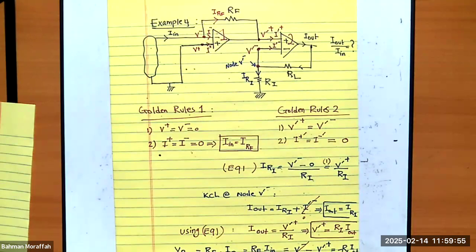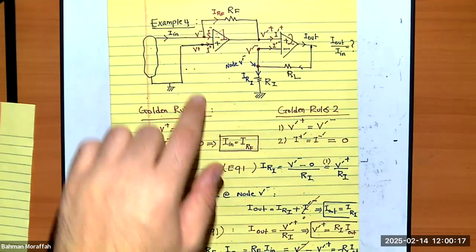What are we trying to solve for? We're trying to solve for the ratio between output and the input. So we somehow need to write our output in terms of the input. So we have to find the connections. The first step is always to write the golden rules.